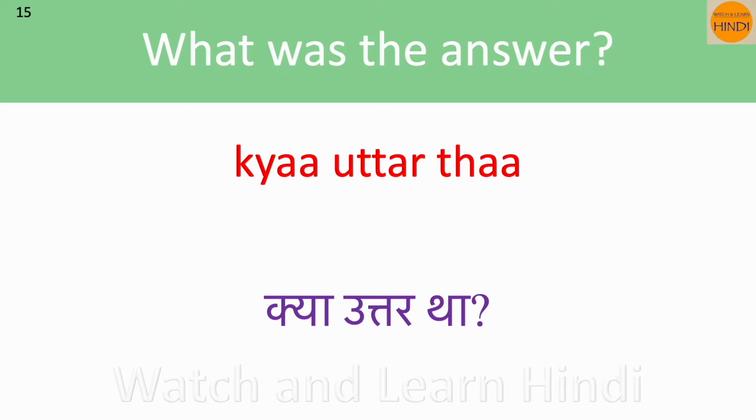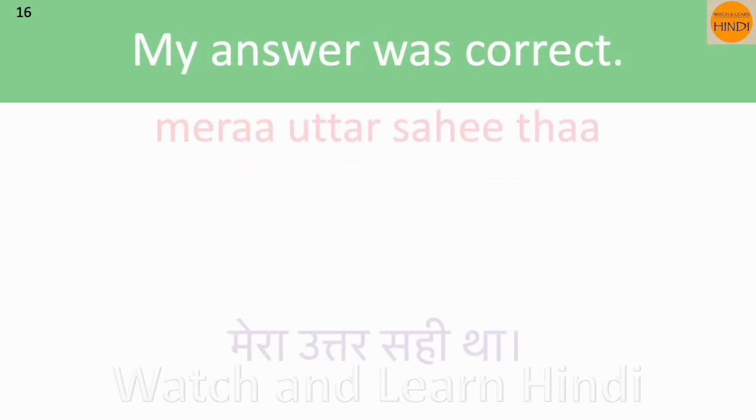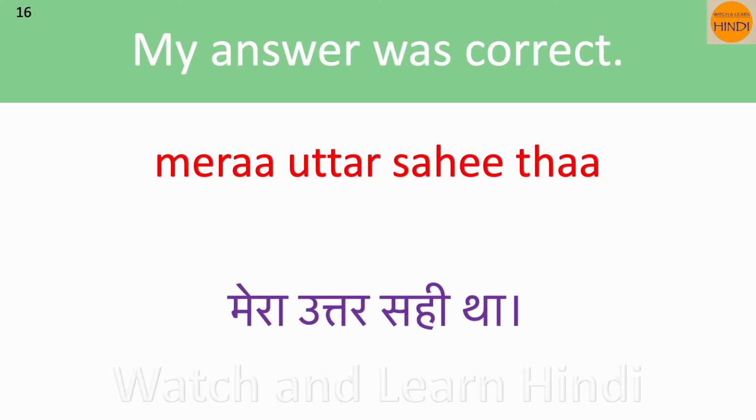What was the answer? My answer was correct. मेरा उत्तर सही था. मेरा is my, उत्तर is answer and सही is correct. मेरा उत्तर सही था. My answer was correct.